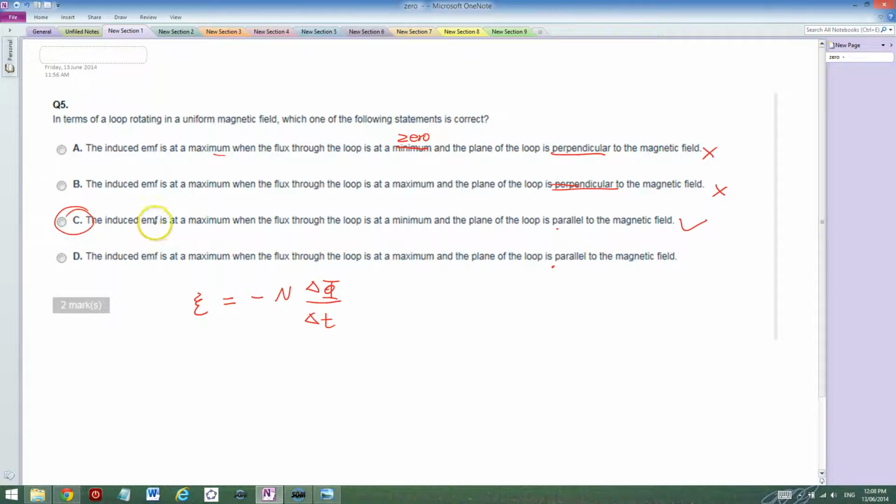The induced voltage is at maximum in an AC alternator when the flux is 0, not minimum. Because when the magnetic flux is 0, the rate of change of magnetic flux over time on the graph is a maximum. And that's when the loop is parallel to the magnetic field.